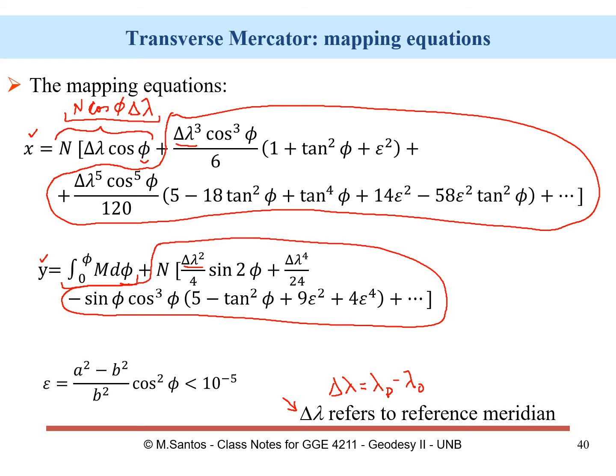So x and y, what we have here, this is the central meridian. This is equator. Let's think of the first quadrant. This is meridian. This is the parallel. So let's consider we have a point here.